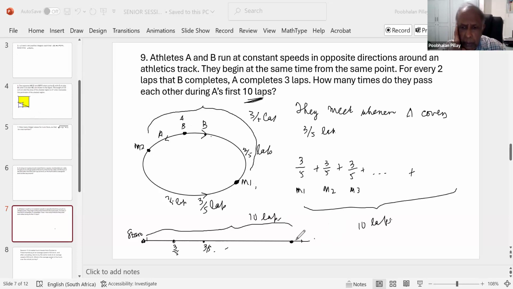But I want to know how many. So in other words, how many multiples of 3/5 are there in 10?